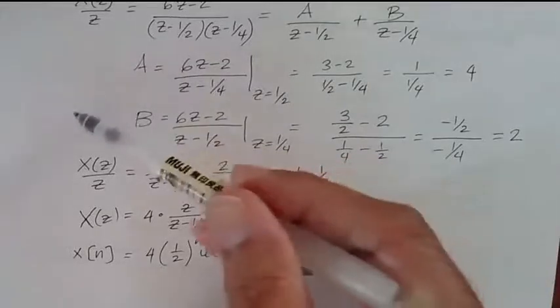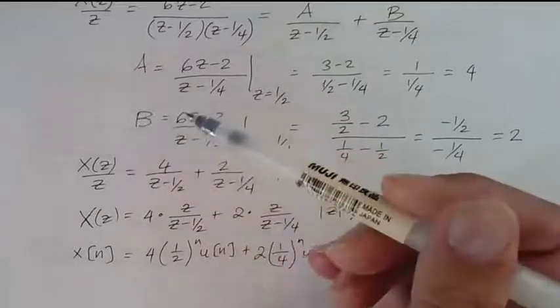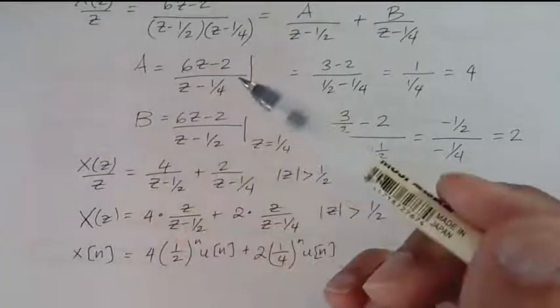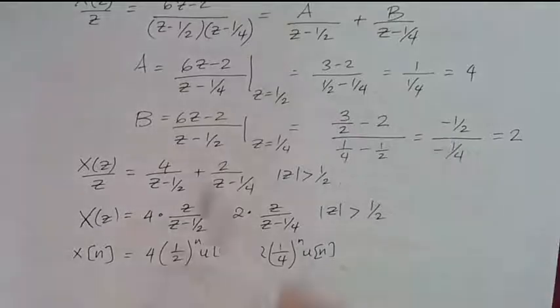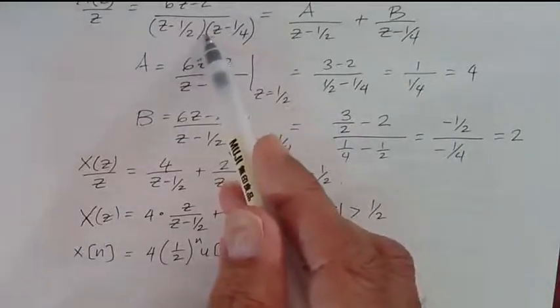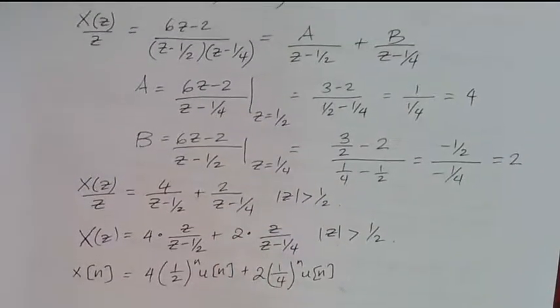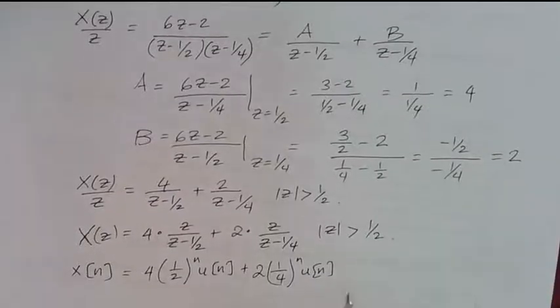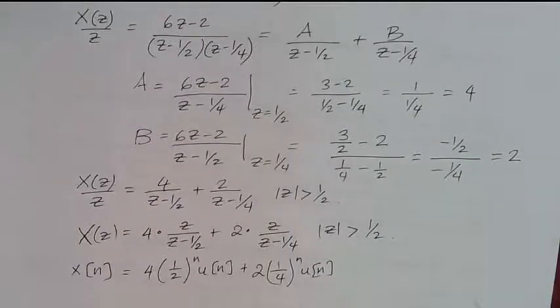Instead of a to the n u of n, you'll have n times a to the n u of n, or n squared times a to the n u of n, depending on the order of the pole. But we will stick with simple poles, so I'll leave that for whenever you're faced with that problem. Just remember it. Okay, so that's what we did if z was greater than a half.